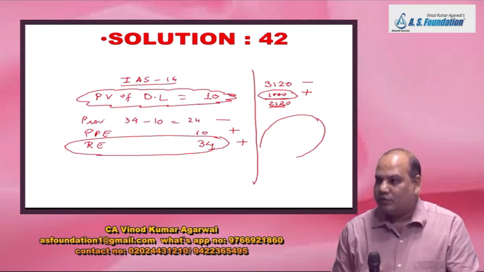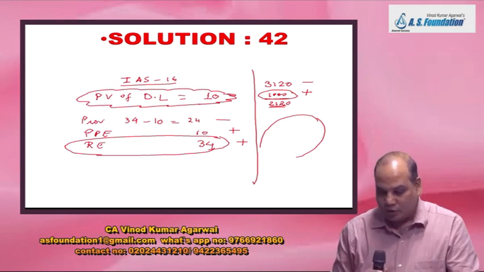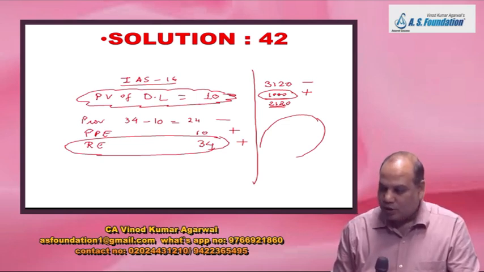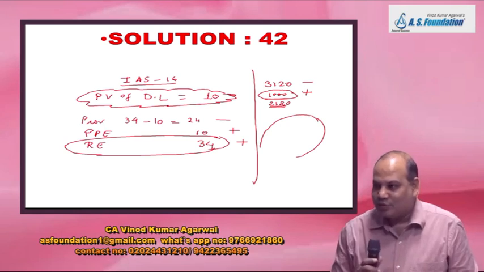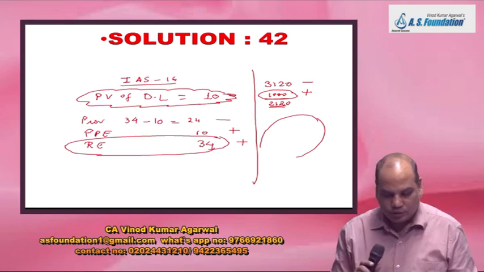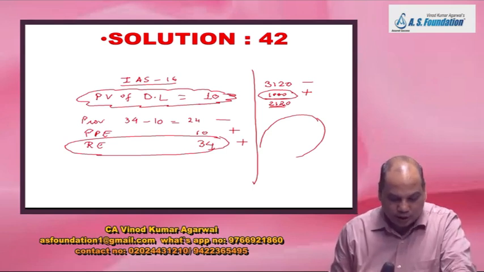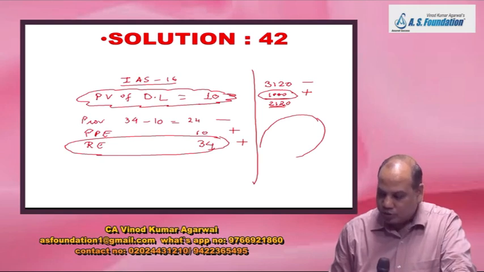So my effective journal entry will be long-term borrowing account debit 2120. Sorry, reverse. Retained earning account debit 2120 to long-term borrowing 2120. Okay. 2120 add in long-term borrowing and 2120 reduce from retained earning.